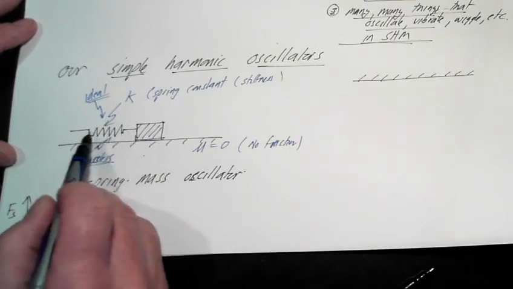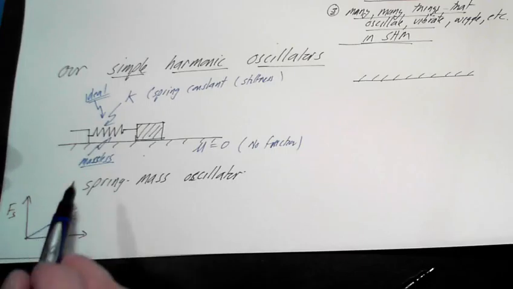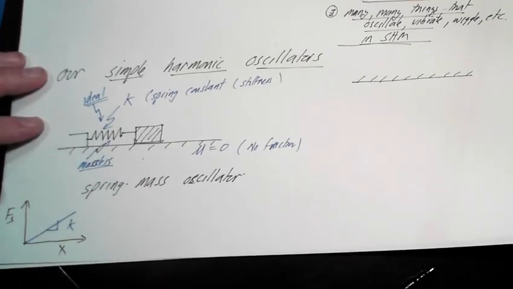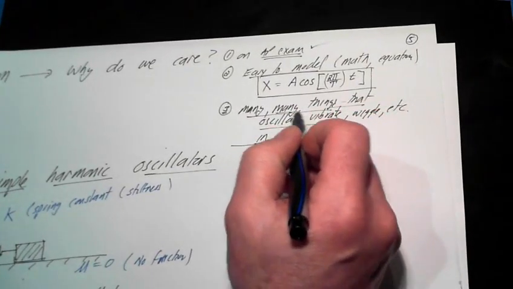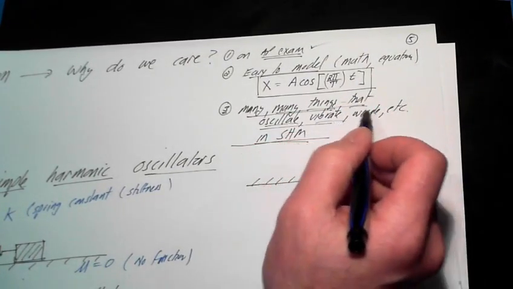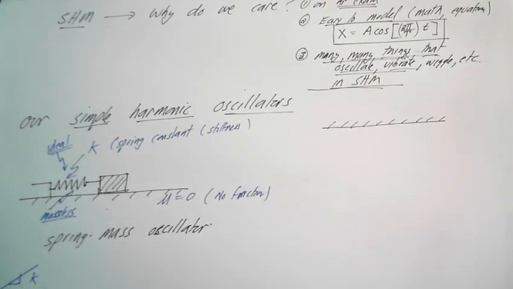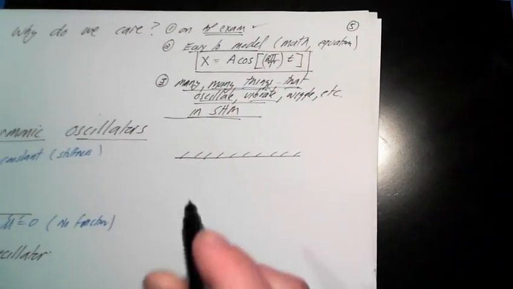Because if you were to start doing that, that's graduate level physics to model. So we're not going to worry about it. Plus, many things can be modeled using just this simple spring mass oscillator. That's it for that. Let's move on to our other one.